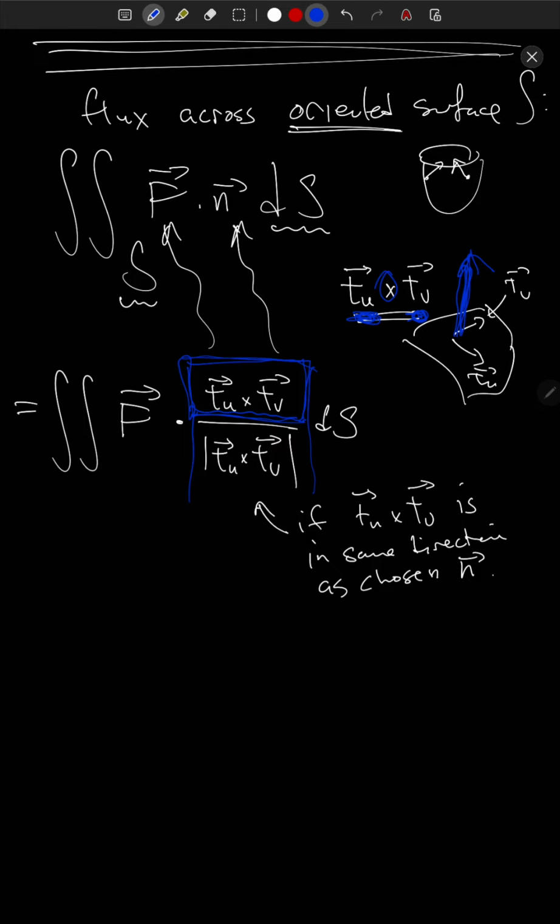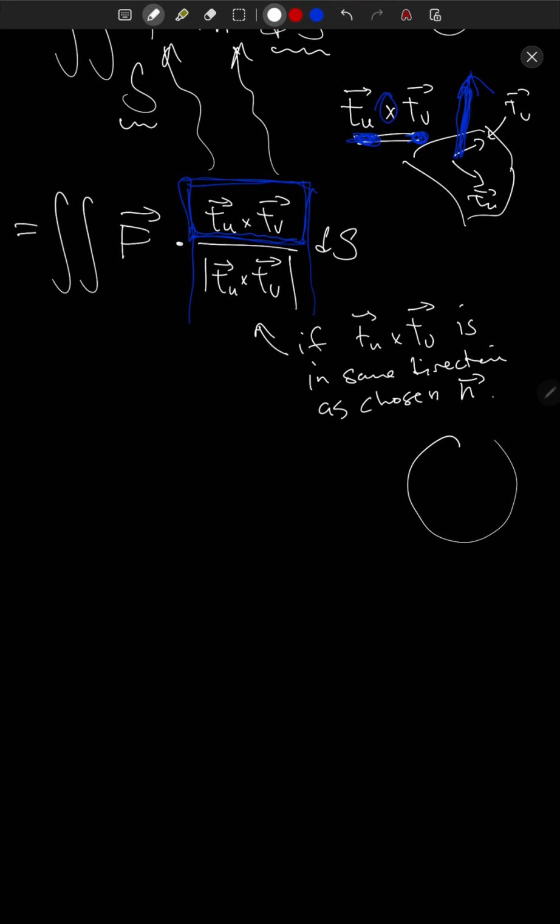Now that's one way we often talk about orientation, using the word upwards or up or down. Another word we frequently use is outwards or inwards. For example, if we were integrating over a sphere, probably the most common orientation is to say we want to orient the sphere with the outward normal, because for a sphere there's such a thing as inside and outside.